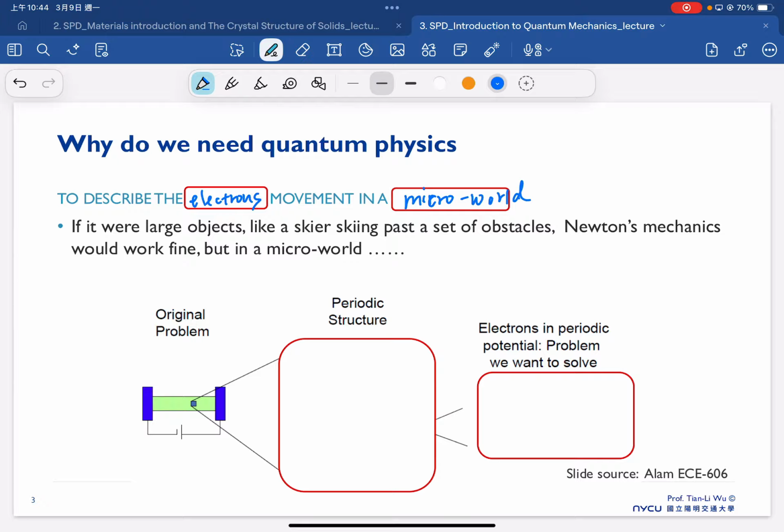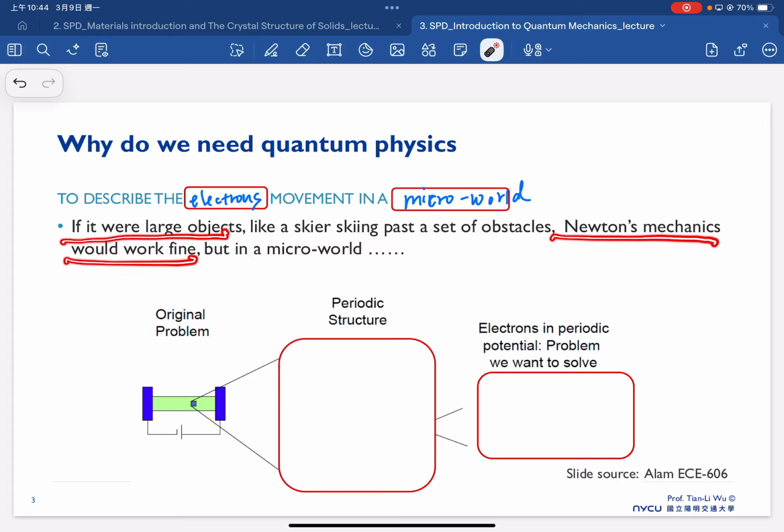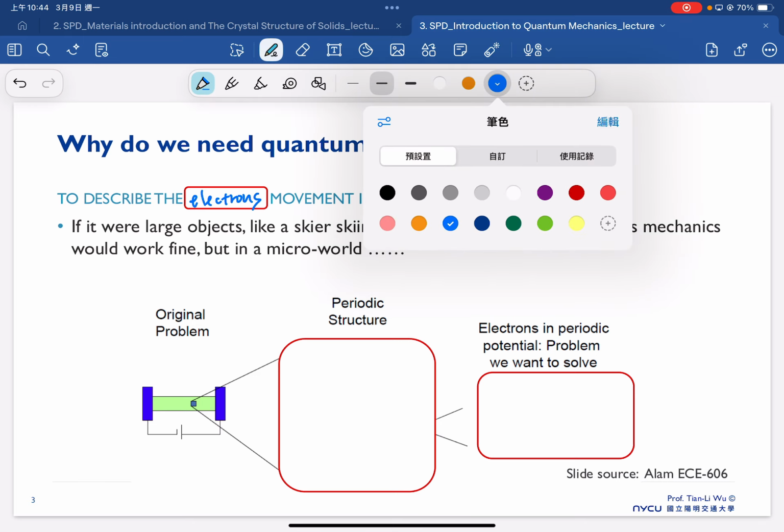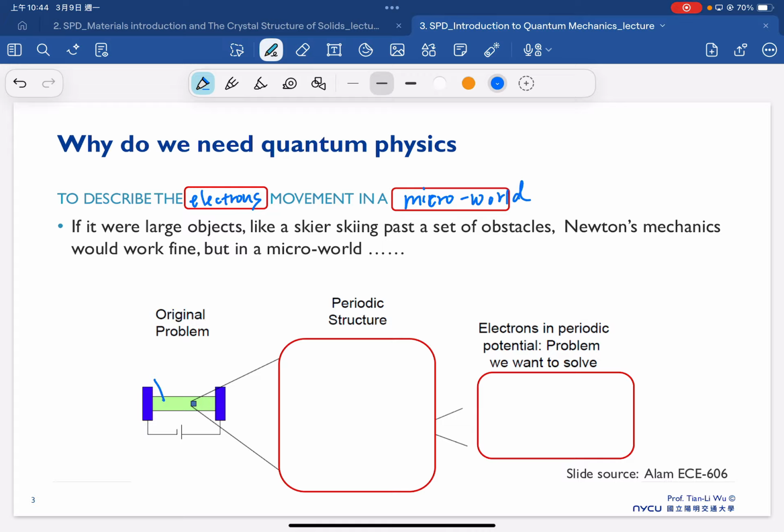So if it is a large object, Newton's mechanics works very well. But in the micro world, Newton's mechanics doesn't work. So now, the problem we are trying to understand is that we have a piece of semiconductor material.